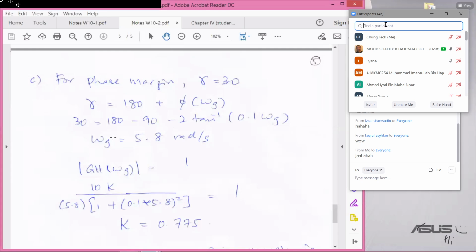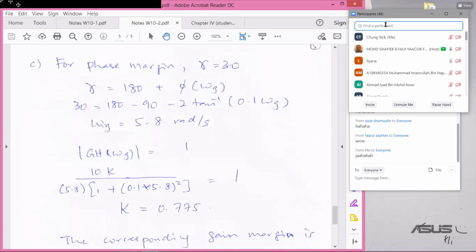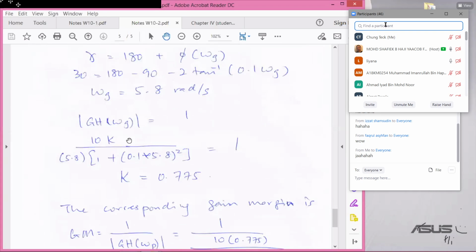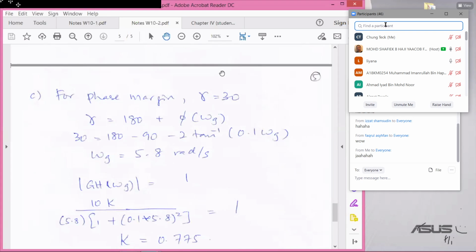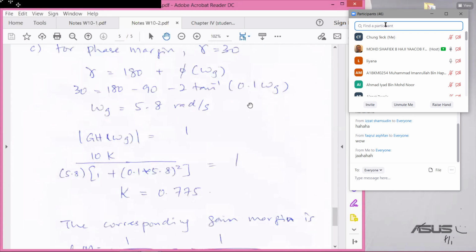So substitute that, knowing the fact that at gain crossover frequency, the value of gain is equal to 1. So substitute this frequency again in your magnitude expression. Now you can compute the value of gain k to fulfill this phase margin equal to 30.